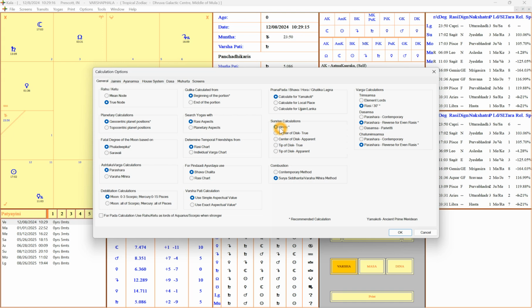The Hindus, which means the astronomical books from India, tell us that sunrise is when the center of the sun is on the horizon.